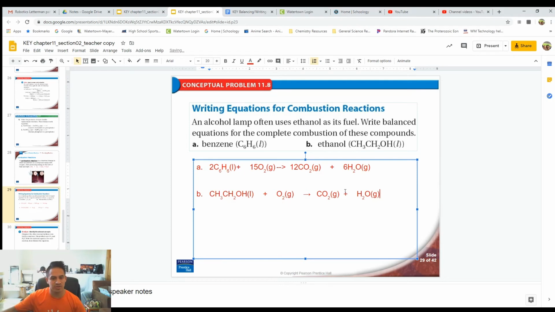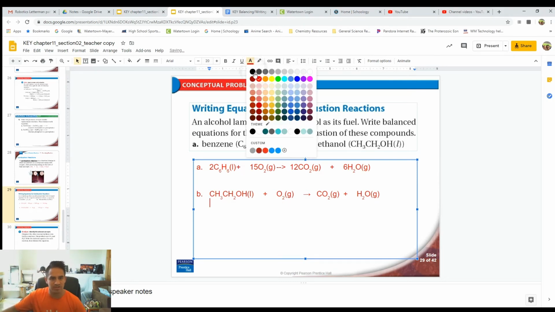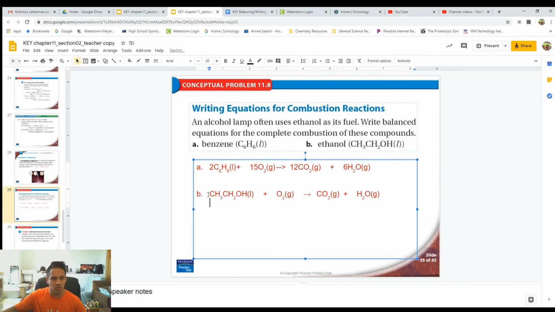And then from here, we just have to balance it. Okay, so again, let's take a count to do some balancing. Carbons, we have 1, 2. Okay, so you got to count them in multiple places. We have 2 carbons. Hydrogens, we have 1, 2, 3, 4, 5, 6. And oxygens, we have 1 here and 2 there. That's a total of 3.